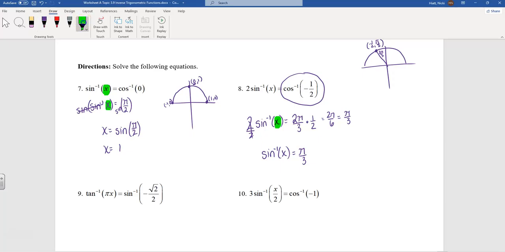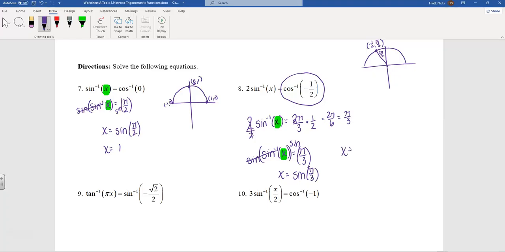And so for our last step, we're trying to get to that x, which means we've got to get rid of inverse sine. How do we get rid of inverse sine? Regular sine. So we will sine this side. That will just cancel out. We'll get an x. We will sine this side right here. And so we're getting sine of pi over 3.